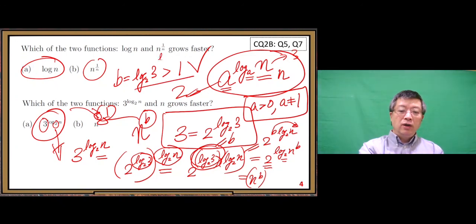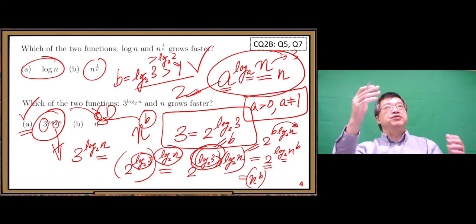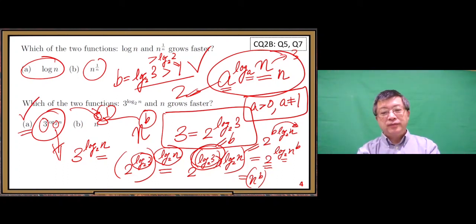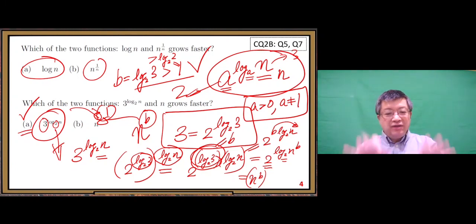We know log base 2 of 2 equals 1, and 3 is greater than 2, so log base 2 of 3 is greater than 1. So b is greater than 1, which means this function grows faster.